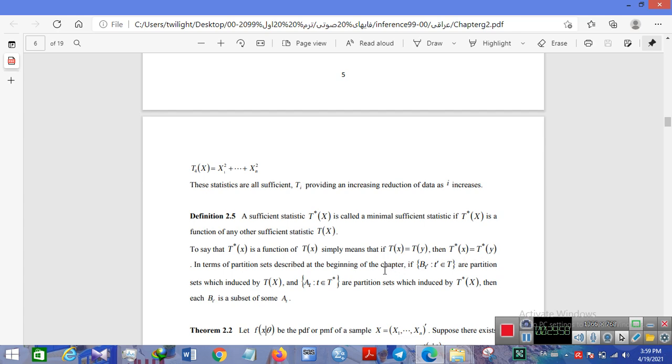And if you look at the partition set introduced by the T, it is enough to show that B_i is a subset of A_i, or any partition set of T star(X) includes some partition sets from the partition introduced by T(x).